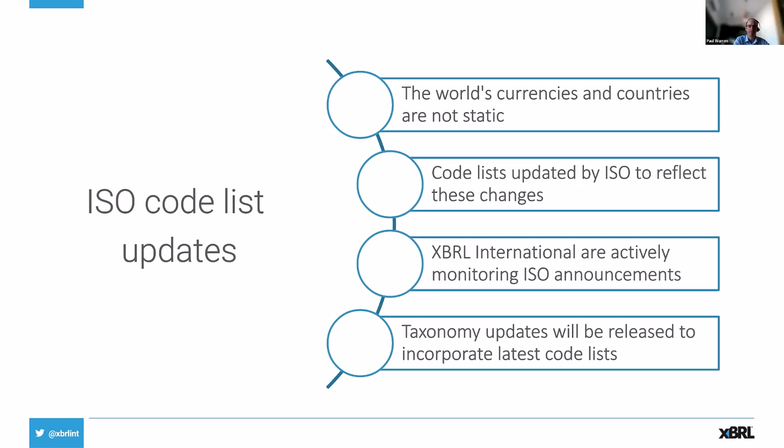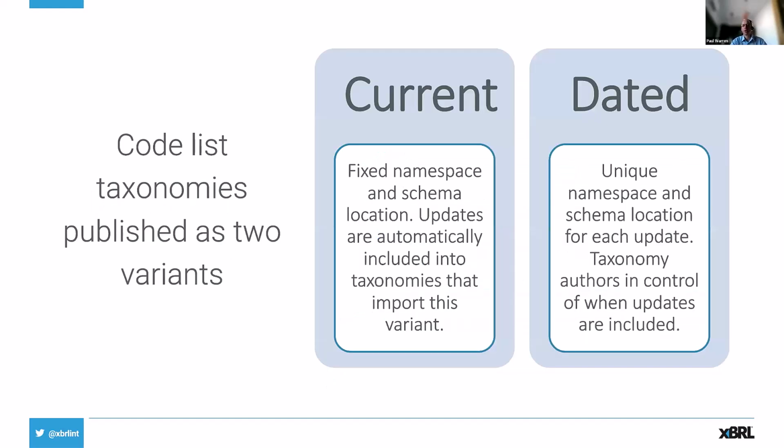And at this point, I'd like to describe the approach that we've taken to versioning the taxonomies. We actually released two different variants of both taxonomies, the current variant and the dated variant, and they take different approaches to incorporating updates from ISO. The current version is effectively a live taxonomy.